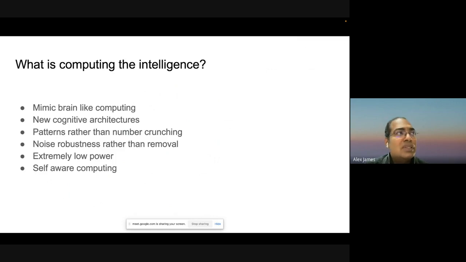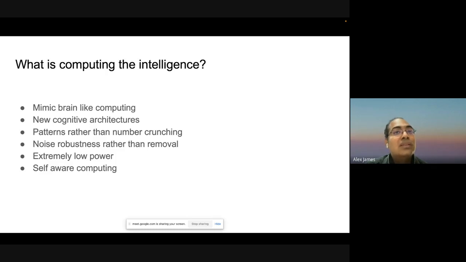Now, thinking about cognitive architectures is another way, seeing the whole computing, the way we would see the brain computation. One could think about functional modeling of those brain computing or functions of the brain to be mimicked. Or one could look at the biology specific things and try to mimic each block in the brain.